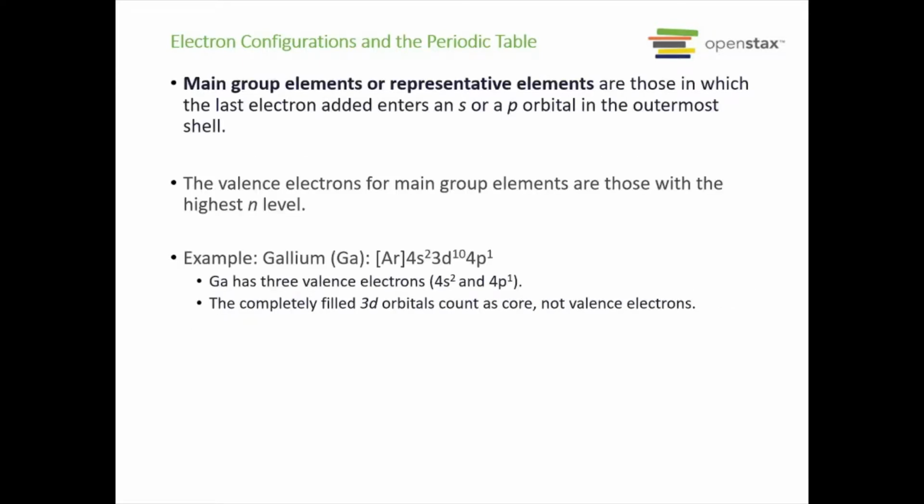So a little bit more with the periodic table. We have what are called the main group elements, or the representative elements. And these are elements where the last electron is either in an s or a p orbital. So these are s block plus p block. The valence electrons are the ones that have the highest n. Okay, gallium, for example, ends in 4p1.